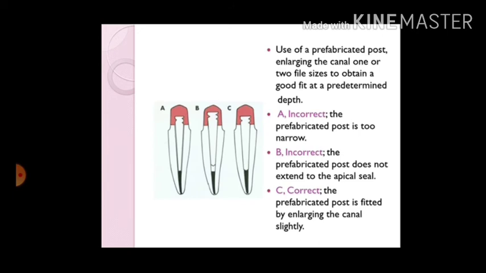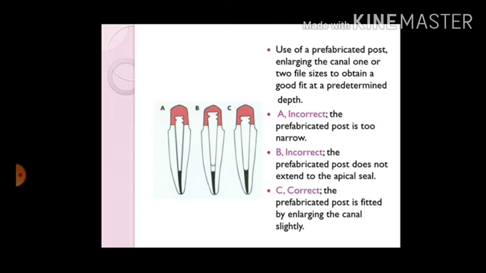When you use a prefabricated post, it is always advisable to check the case sheet. During root canal treatment, during biomechanical preparation, they have mentioned the file sizes which they have used in order to increase the root canal size.